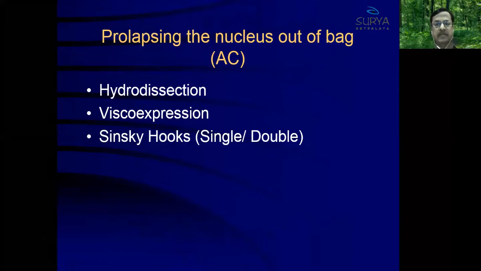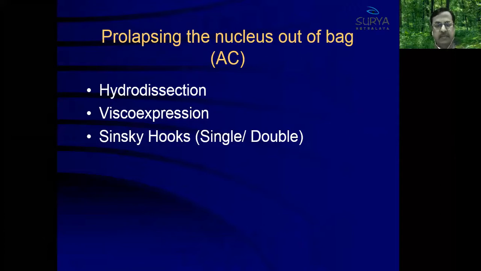Now, for prolapsing the nucleus out of the bag, there are various techniques done by various surgeons. Everyone can take their own choice, whatever is comfortable to them. Many times with hydrodissection itself, the nucleus can pop up if the nucleus size is small and the capsulorhexis size is sufficient.